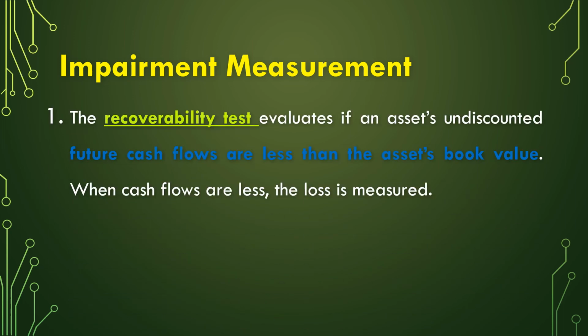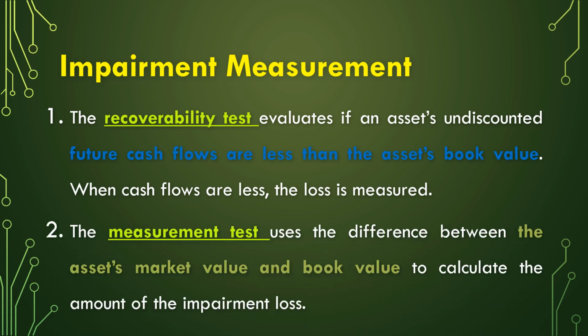The recoverability test evaluates whether an asset's undiscounted future cash flows are less than the asset's book value. When cash flows are less, the impairment loss is measured. The measurement test uses the difference between the asset's market value and book value to calculate the amount of the impairment loss.